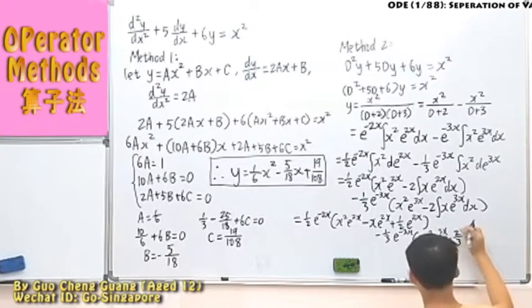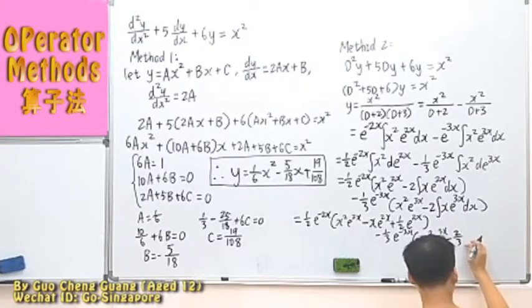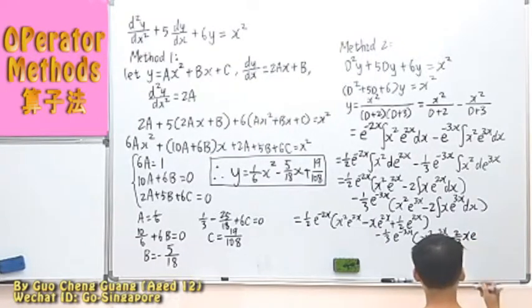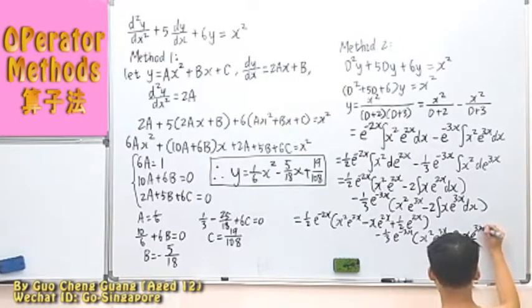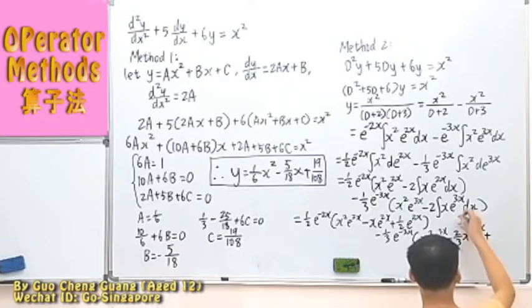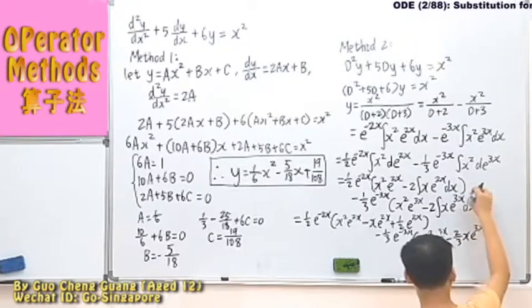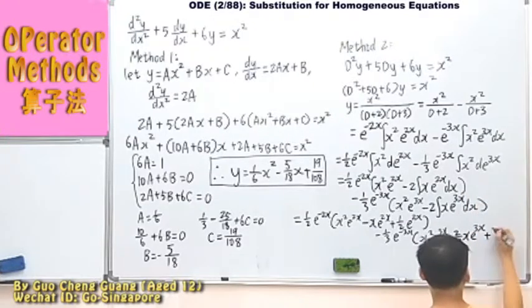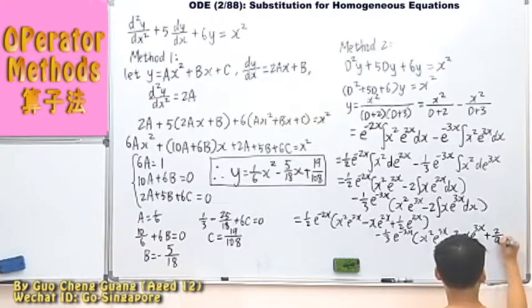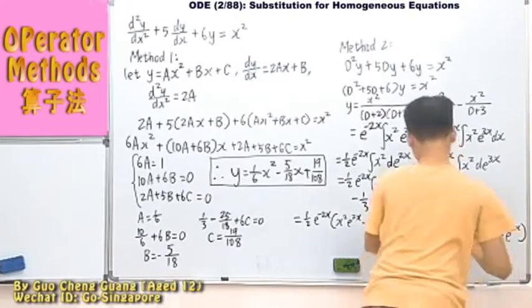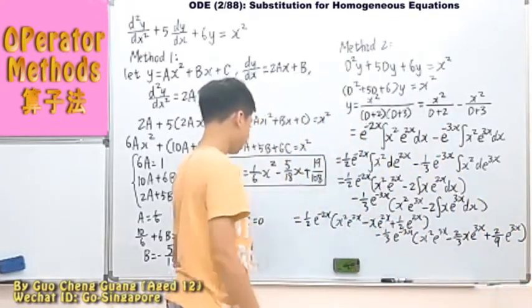But beware, here's only 2, so you have an extra 2 over 3. There you have x, then e to the power of 3x. Then you add on. But since after that, it will only be left with e to the power of 3x, then dx. Put it inside, you need an extra 1/3. Then this will be what you get.